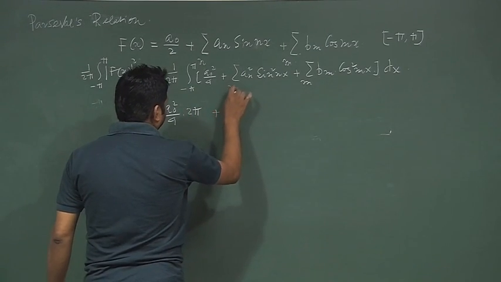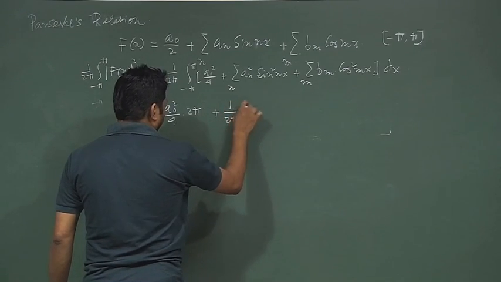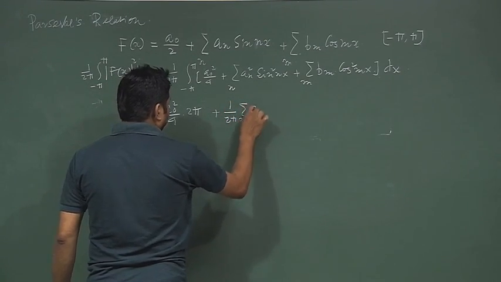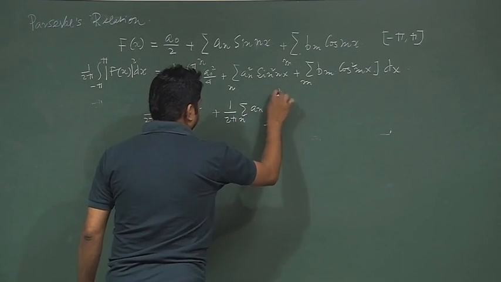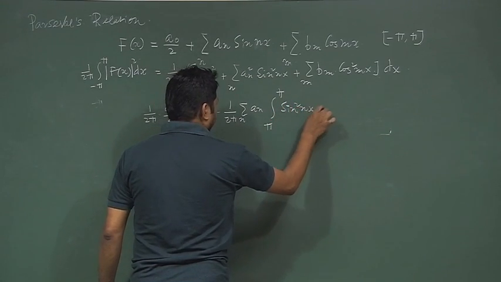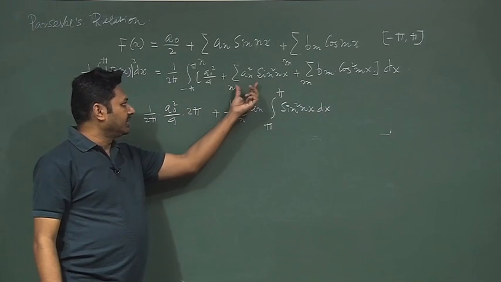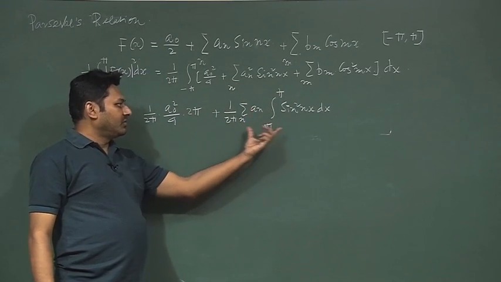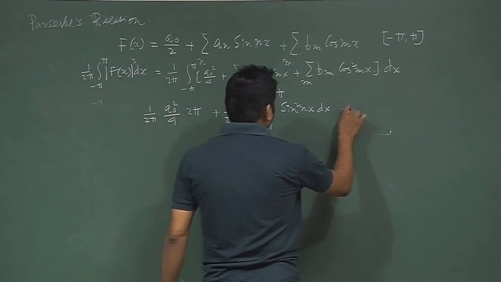What is my second term? The second term is 1 by 2 pi summation over n of a n square, and I put this integration minus pi to pi of sin square nx dx. Separate it out: the a n, I take it outside the integral sign and push the integration inside, so that I can evaluate this quantity.